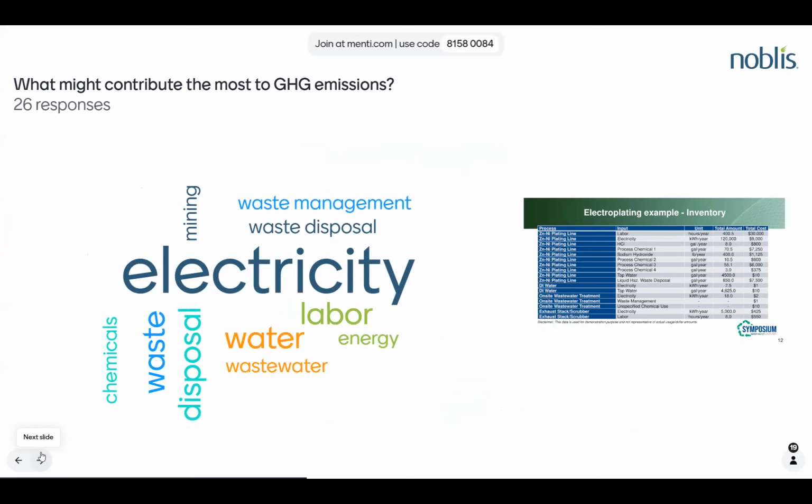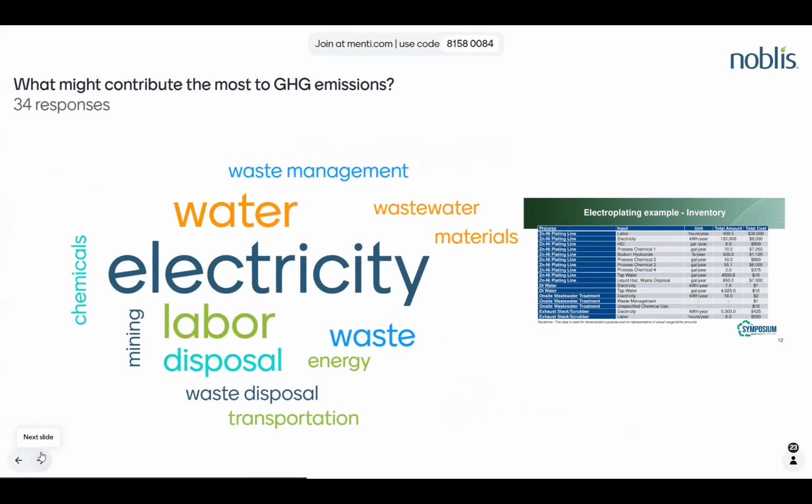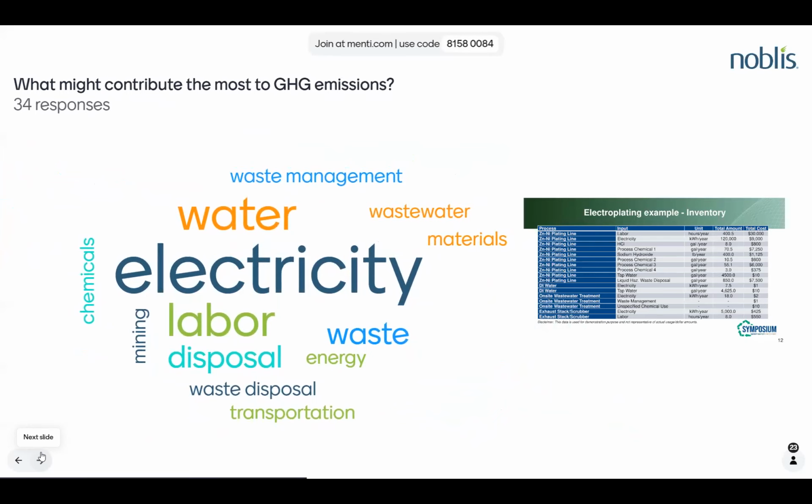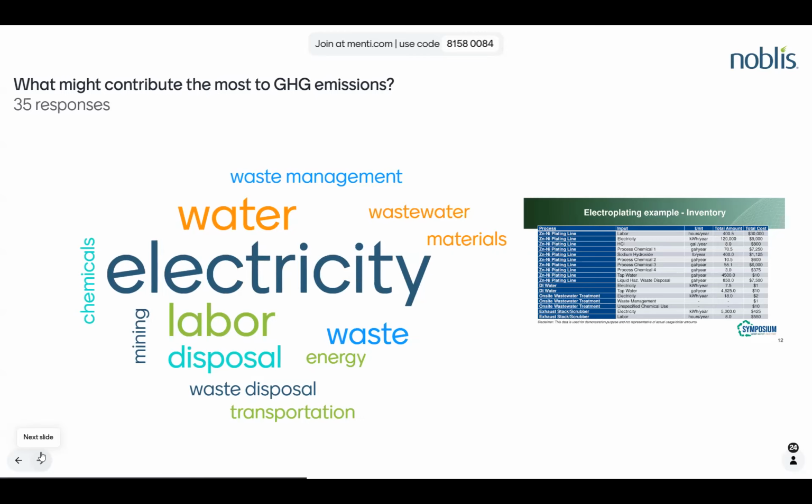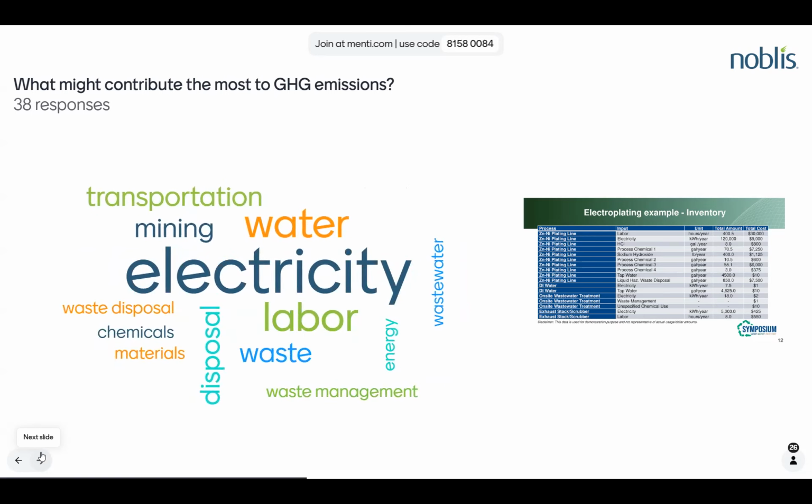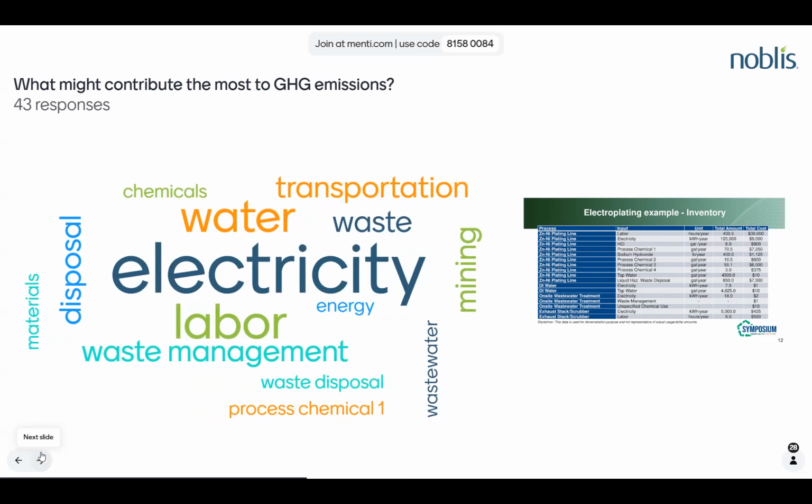Nice. So the correct answer doesn't really matter here, but just to think about it together, electricity certainly could be a big contributor. It depends on the grid, depends on where you're situated. I've just moved to the University of Quebec in Montreal, where there's a lot of hydropower. So depending on how you evaluate hydropower, that wouldn't necessarily be the case.